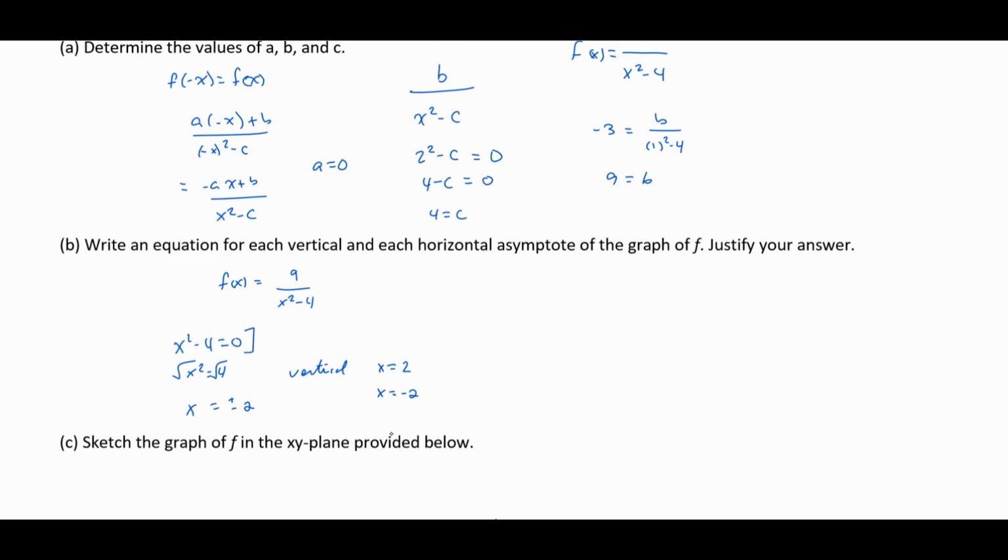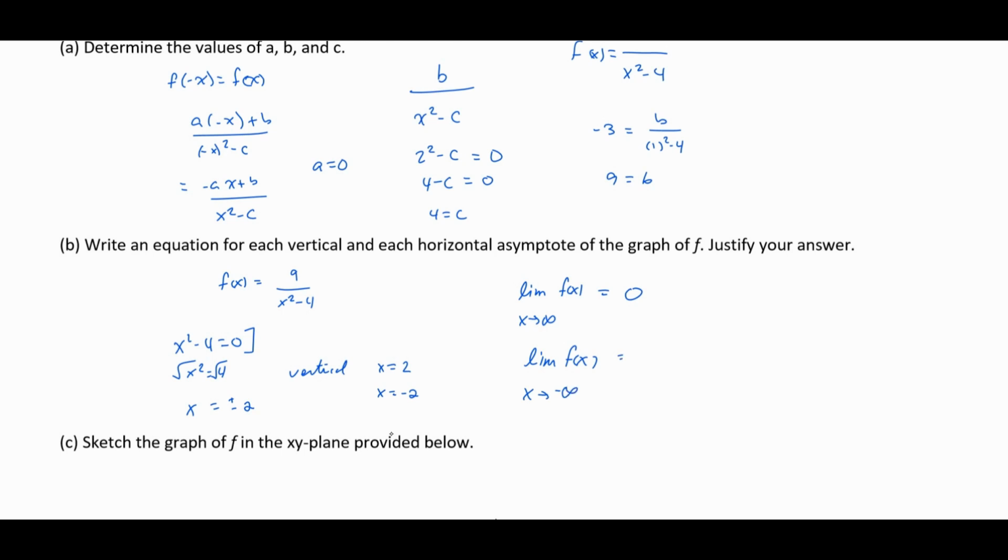And now for our horizontal asymptote, we want to see the limit of f of x as x approaches infinity. Well, since the degree of the numerator is less than the degree of the denominator, this is just going to be equal to 0. And actually, we also need to check our asymptote on the left side, negative infinity.